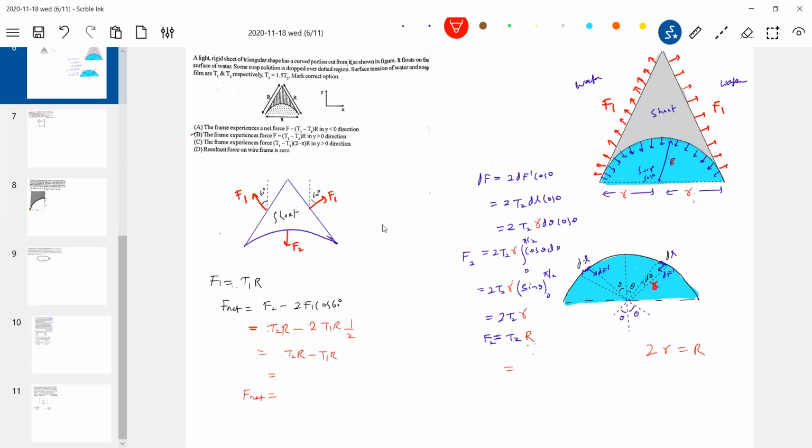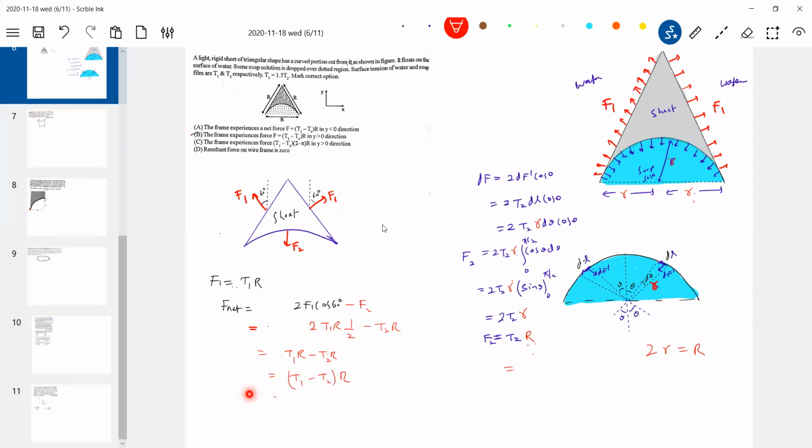Which will be greater? T1 will be greater. Okay, I think I should take the resultant. F2 minus... I'll arrange like this. Okay, this will be the net force.